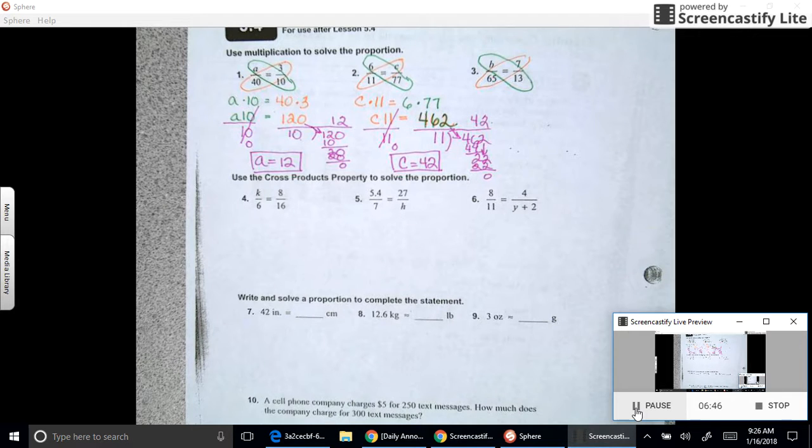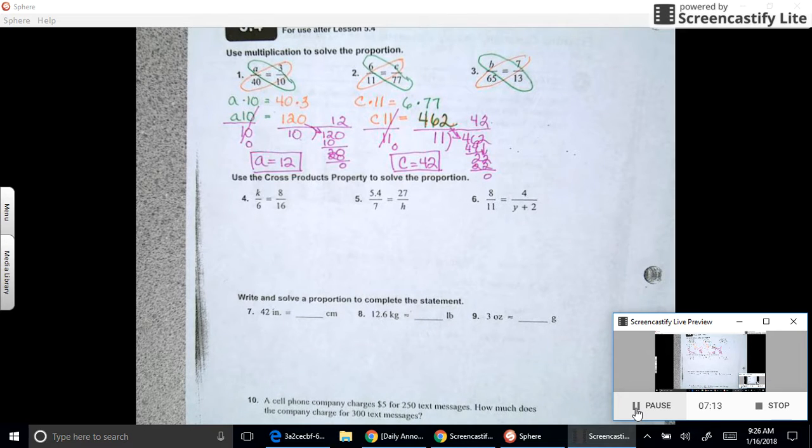All right, can anybody tell me what b times 13 is? What's b times 13? Take a guess. b13 sound right?